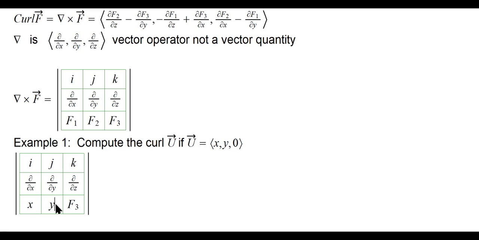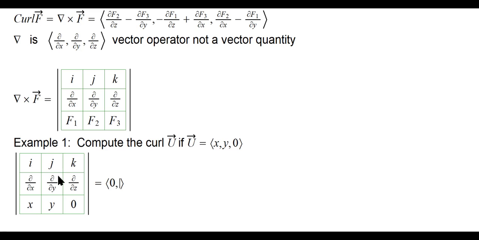So what that will be, I'll have this, right? In the first component, we have the cofactor of i. The derivative of 0 will be 0, and that of y with respect to z will be 0. So the difference would be how much? That will be simply 0.